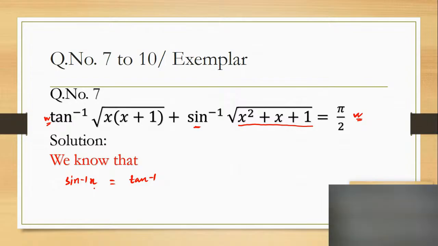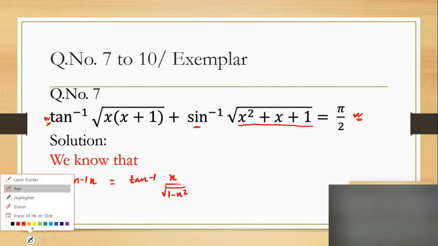Therefore, instead of p we have x, and instead of h we have 1, so here it will be p by b, so b equals root of 1 minus x square. So this is the simple conversion of sin inverse x into tan inverse x. According to this, I convert this one.